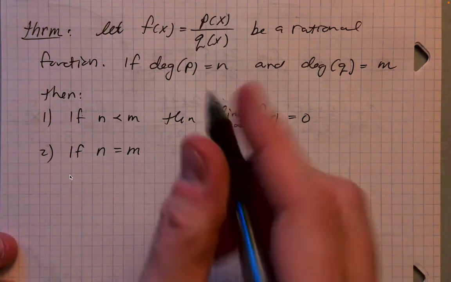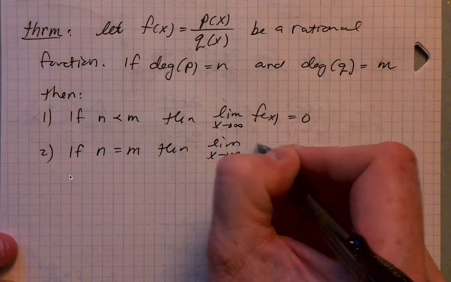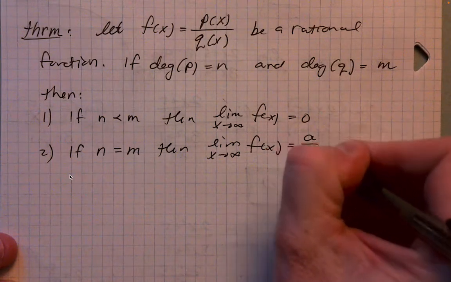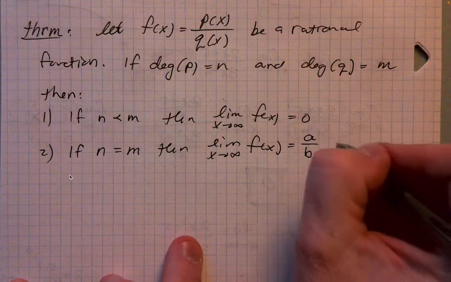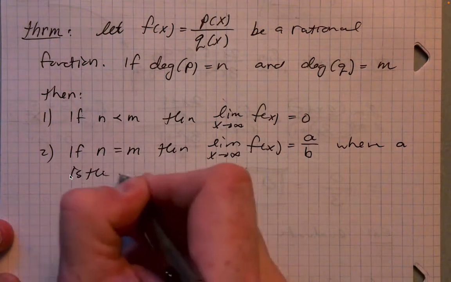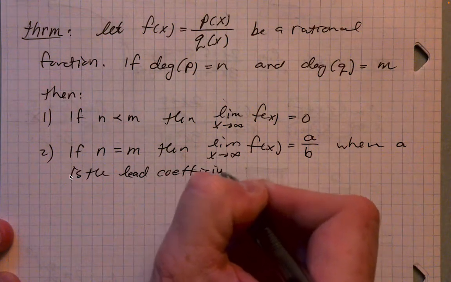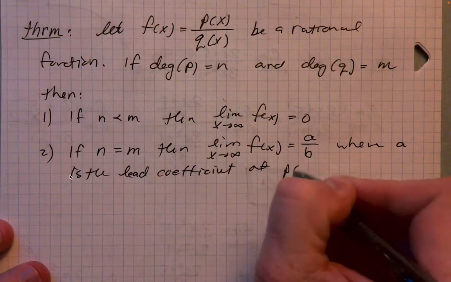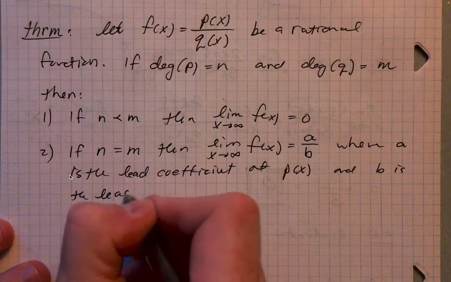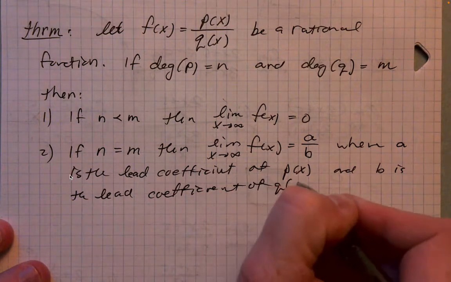If n is equal to m, then the limit as x approaches infinity of f of x is equal to some ratio a over b, where a is the leading coefficient of p of x and b is the lead coefficient of q of x.